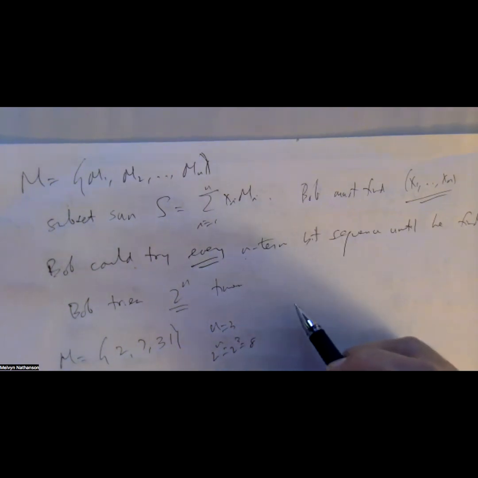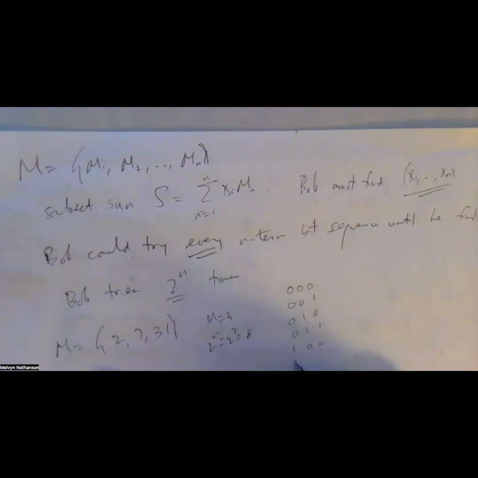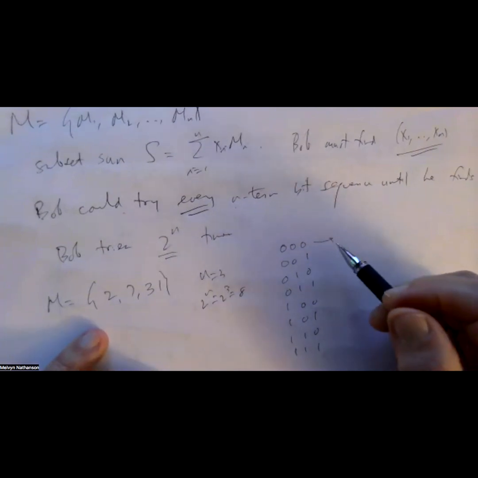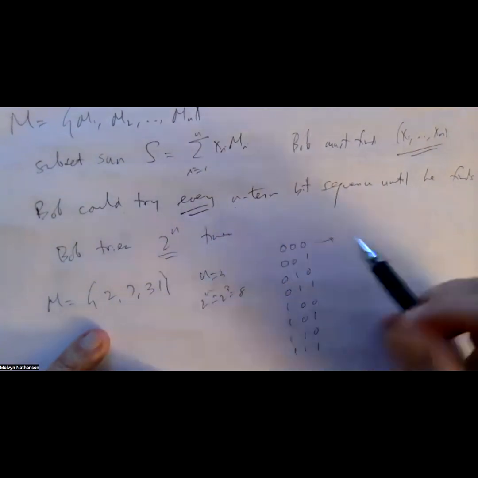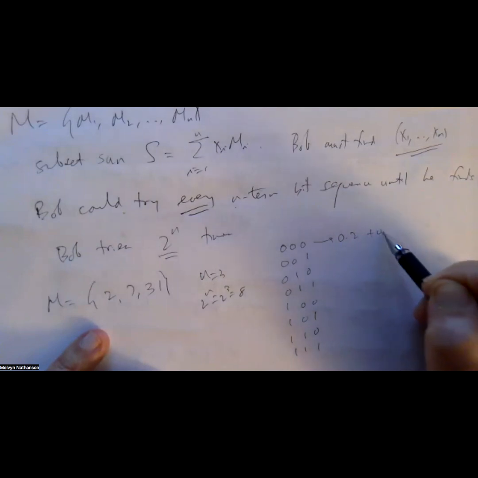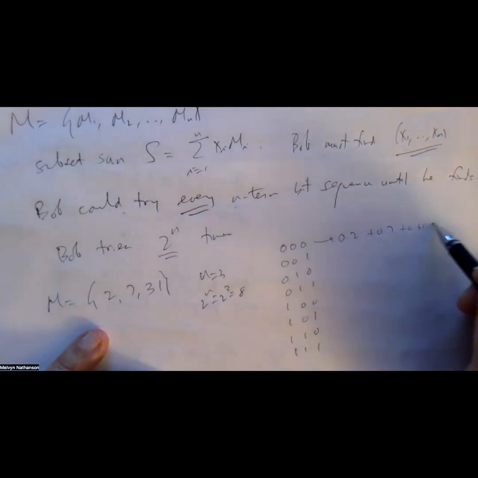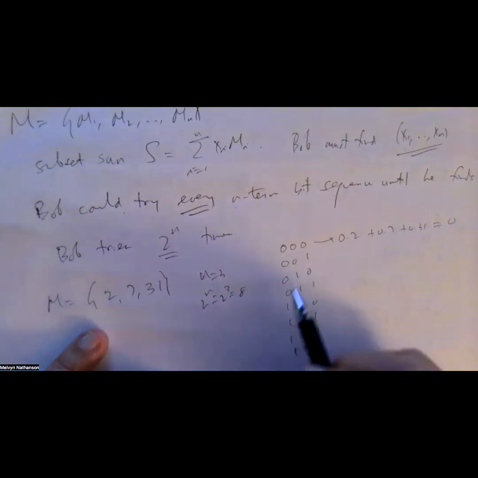The bit sequences are 000, 001, 010, 011, 100, 101, 110, 111. These are all the possible 3-term bit sequences. The first corresponds to 0 times 2, 0 times 7, 0 times 31. That just gives you 0.